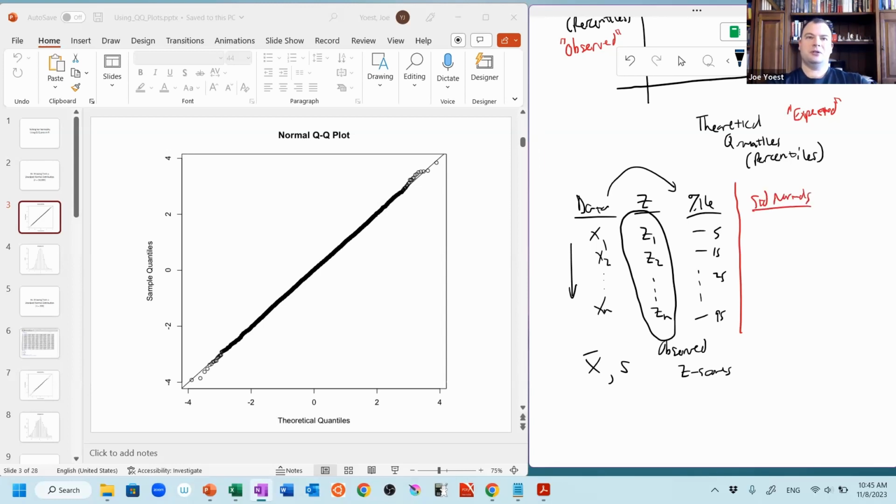So what are my standard normal indices that correspond with this list of percentiles? In other words, what's P5, what's P15, what's P25, down to what's P95. Note that these P's are essentially z-scores, right? These are z indices. These are locations on the z-axis for a standard normal.